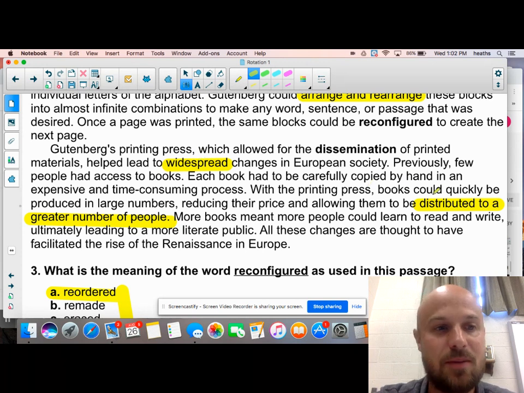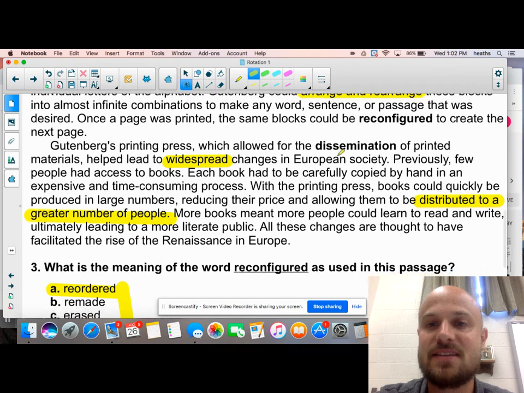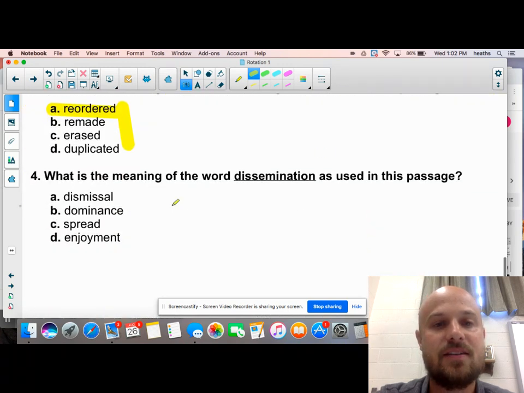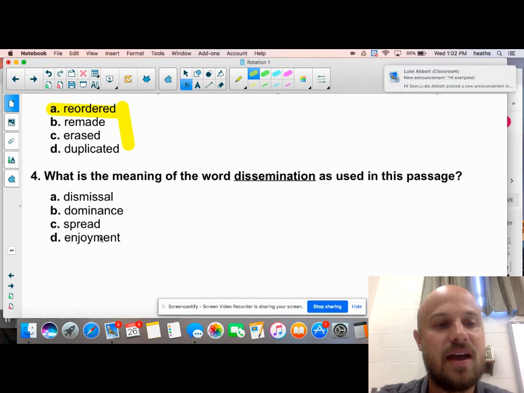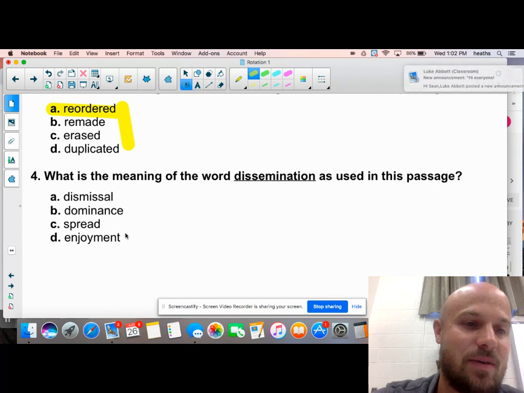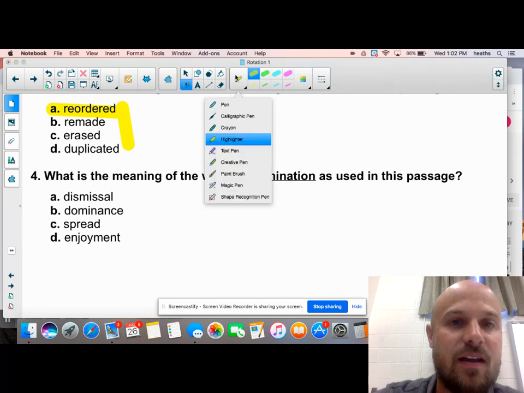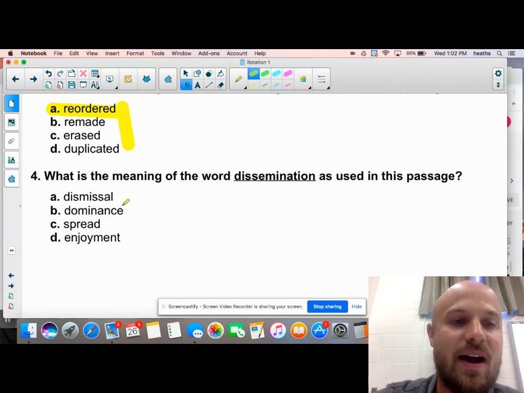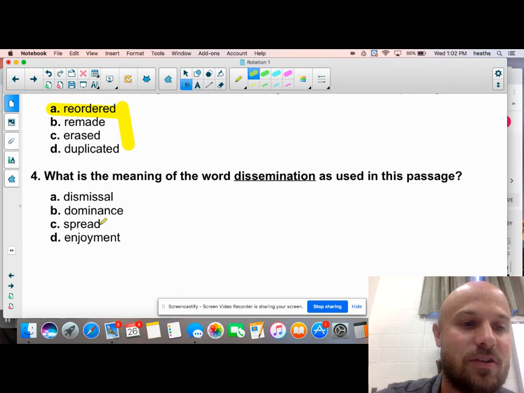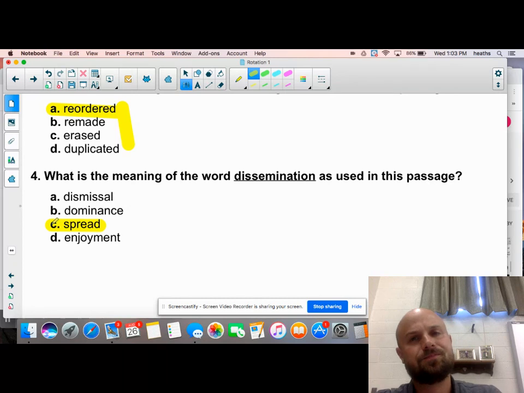Widespread, distributed to a greater number of people, all point back to the meaning of dissemination. And does dissemination mean dismissal, dominance, spread, or enjoyment? We said above that one of the words that came to mind was widespread. And if widespread and spread are very similar, so I'm going to go with the word spread.